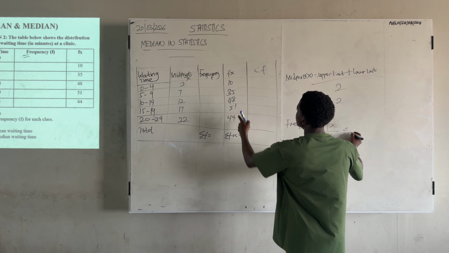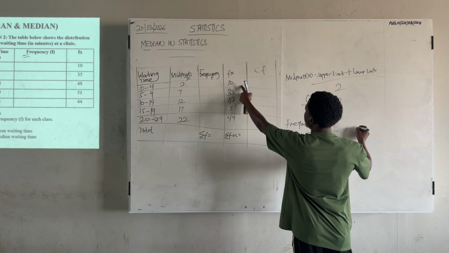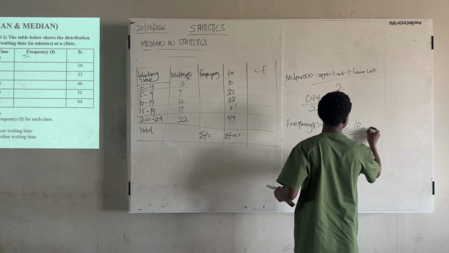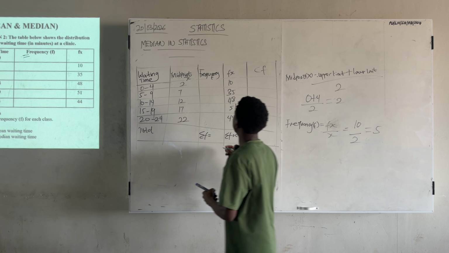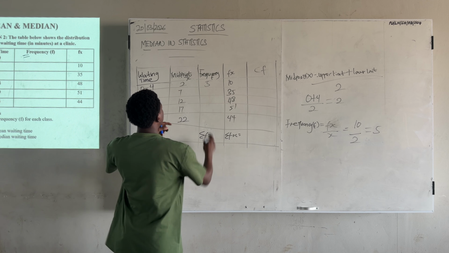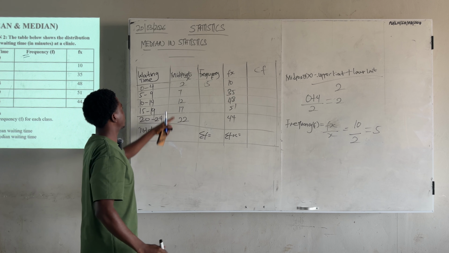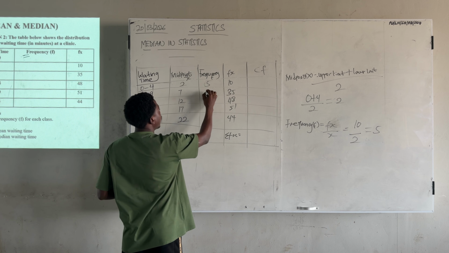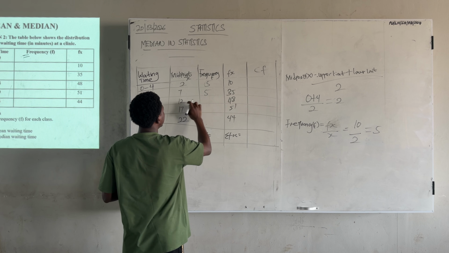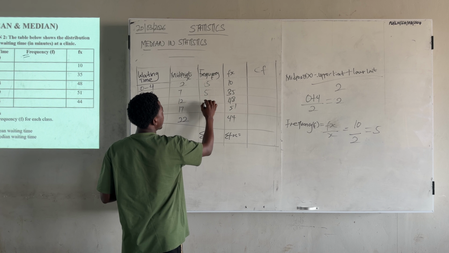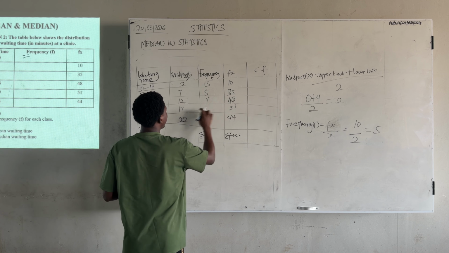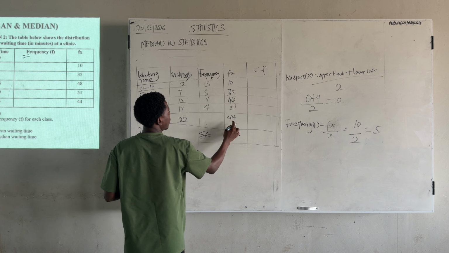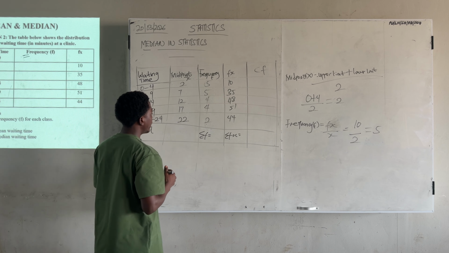So we have 10 over 2 is equal to 5. You do the same for the rest. So 35 divided by 7 is 5, 48 divided by 12, 51 divided by 17, and so on.